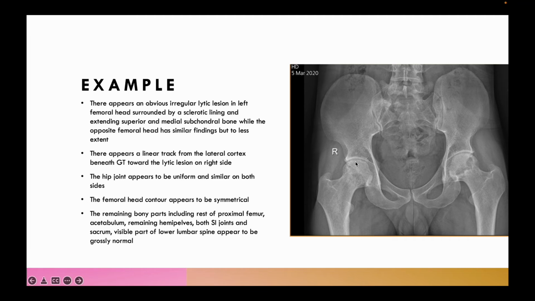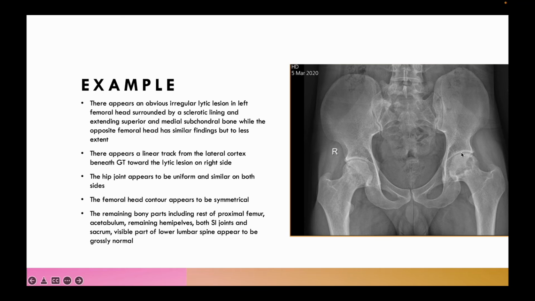This could be because of the surgical core decompression that might have been done previously, and the track is now visible. And the hip joint appears to be uniform and similar on both sides. That is, the joint space is similar on both sides and it is symmetrical. That means there is no abnormal reduction of joint space in any part of the visualized hip joint on both sides.